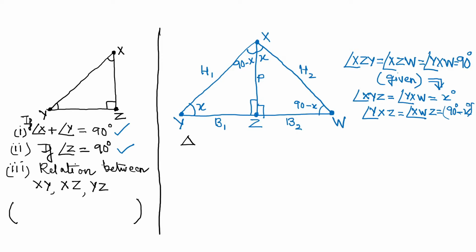So can we say that the triangle Z, Y, X is similar to triangle Z, X, W? And which property are we using here? We are using the AA test.